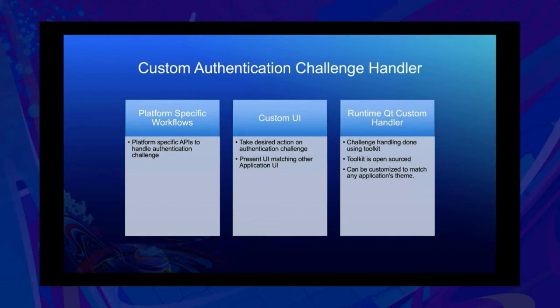We have done all the internal plumbing for it to work seamlessly for you. The handler itself is a QML element, and you can change it however you would like. Now, let me quickly show you how all of these things work in a small demo.